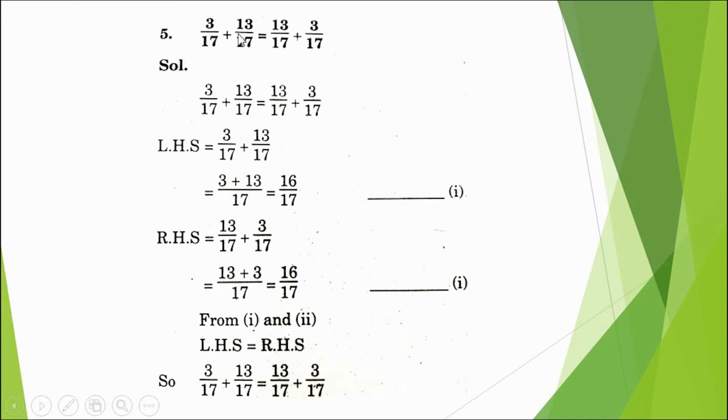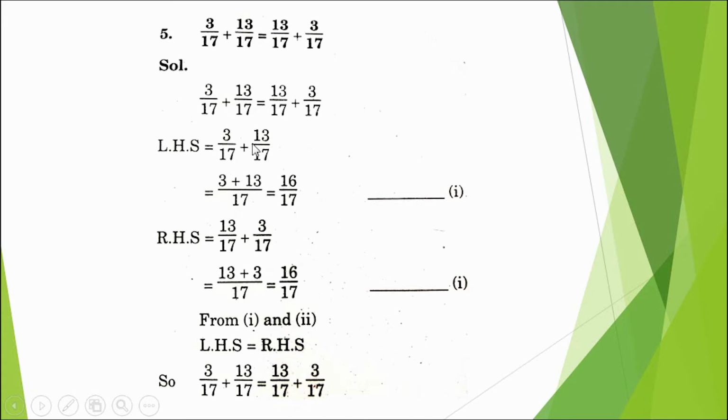Now right hand side, 3 over 9 plus 5 over 9. When the denominators are the same, we write it one time, 3 plus 5 comes as it is. Now 3 plus 5 is equal to 8, and denominator 9 comes as it is. Now left hand side is equal to 8 over 9 and right hand side is equal to 8 over 9. Therefore left hand side is equal to right hand side.